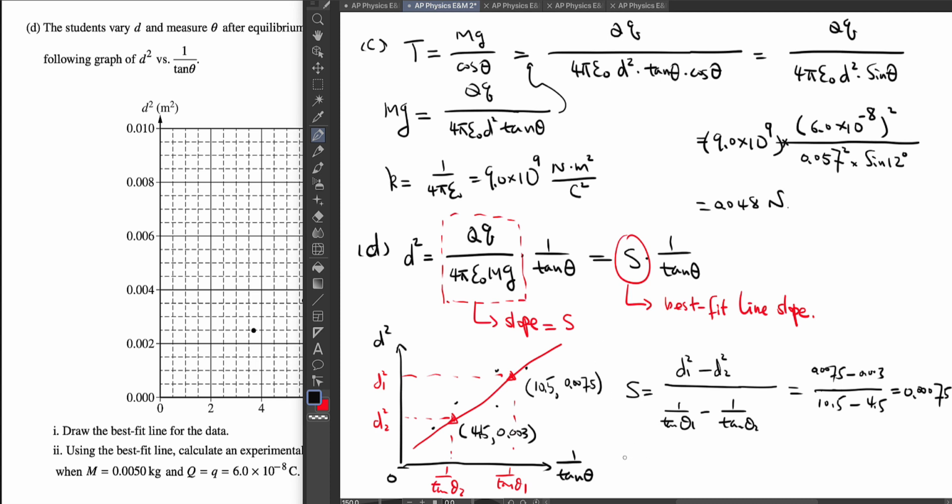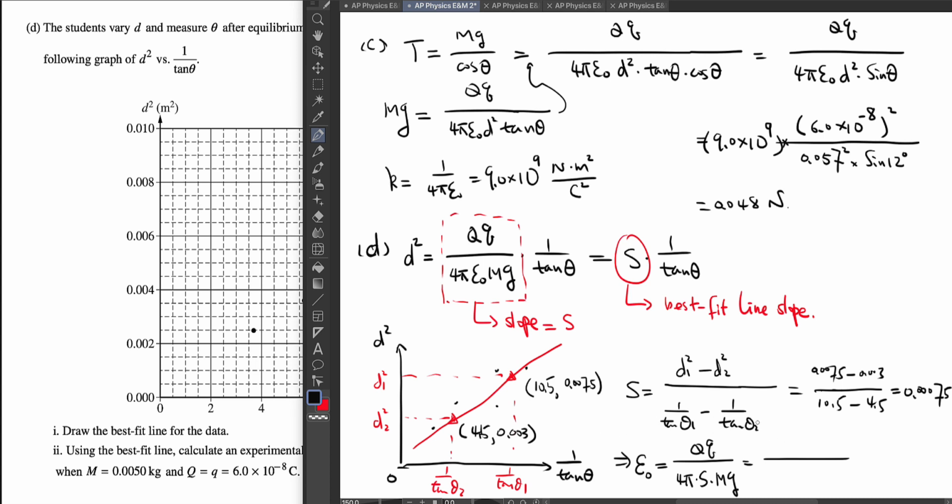So the vacuum permittivity epsilon naught is given by QQ over 4 pi times S, the number we got from the best fit, or mg, sorry. Now let's plug in the numbers.